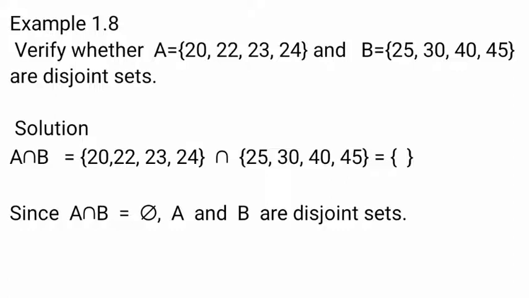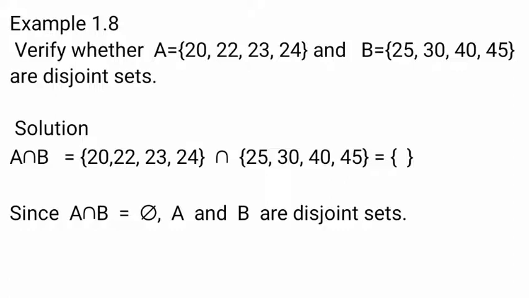Therefore, A intersection B equal to {20, 22, 23, 24} intersection {25, 30, 40, 45}. What is the meaning of intersection? That is, the common elements in both sets is called intersection.